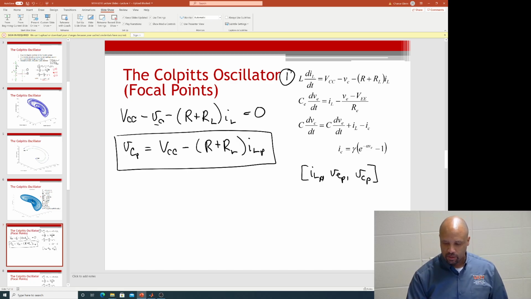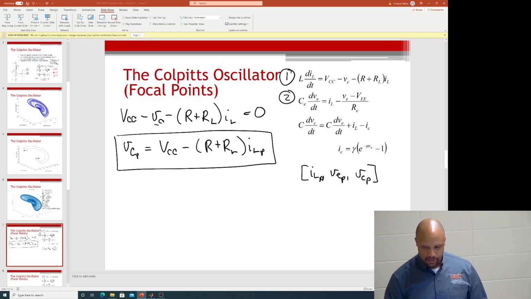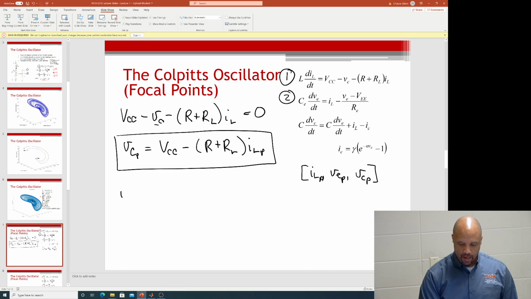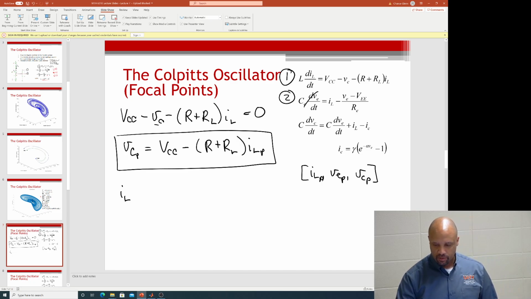All right, now let's go to the second expression. In this case, I'm going to move that over and leave IL by itself. So we have I sub L equals, well, no. Hold on. All of these are going to 0. We set that at 0.